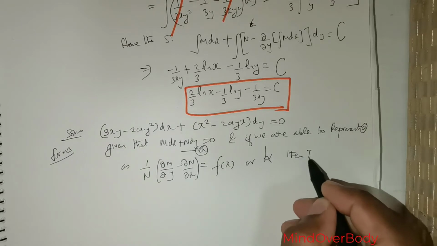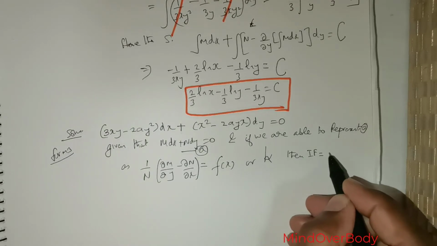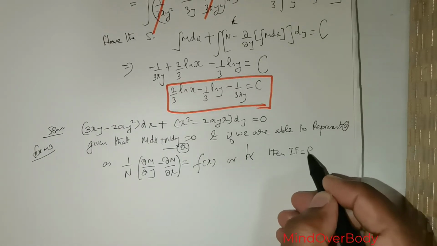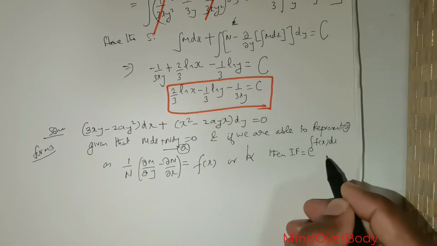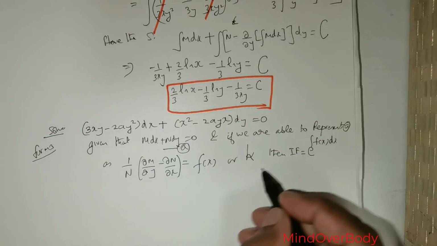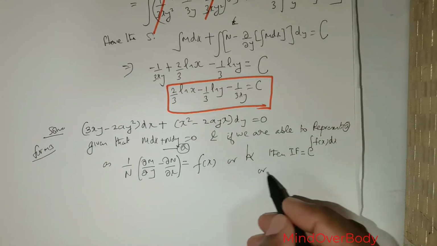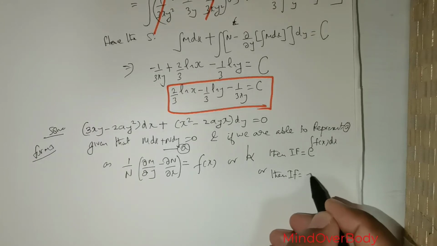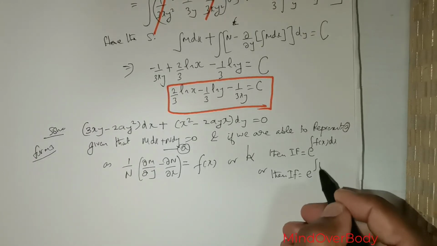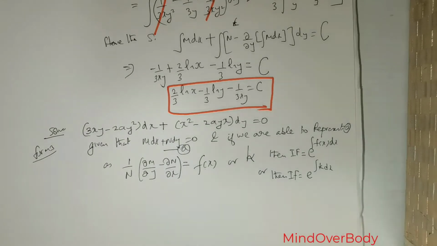then the integrating factor that we would have to take should be e raised to the power of integral f of x dx if it is a function of x, or if it is a constant, then the integrating factor should be e raised to the power of integral k dx.